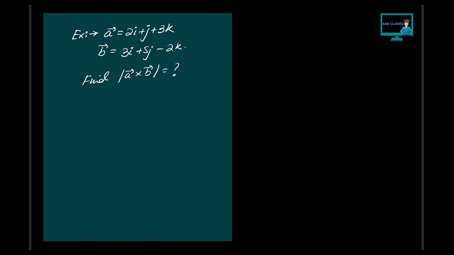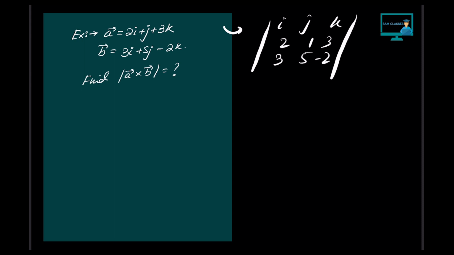We have taken a value here also. Find the magnitude of the cross product of this. Very simple. Let's see the solution. I'll use i, j, k and put the values 2, 1, 3, 3, 5, minus 2. For the first one, leave this row, leave this column.